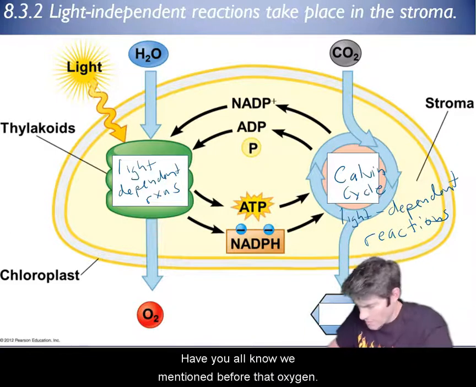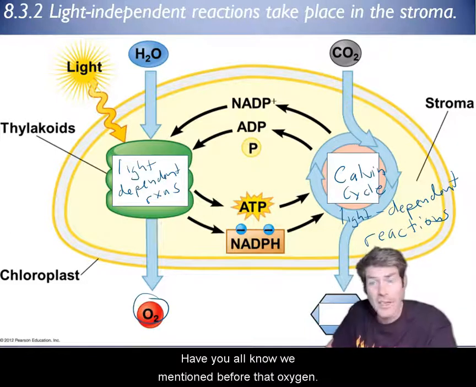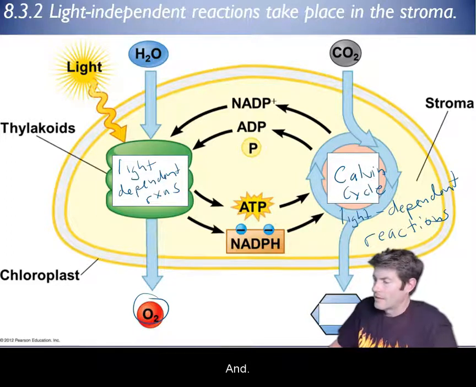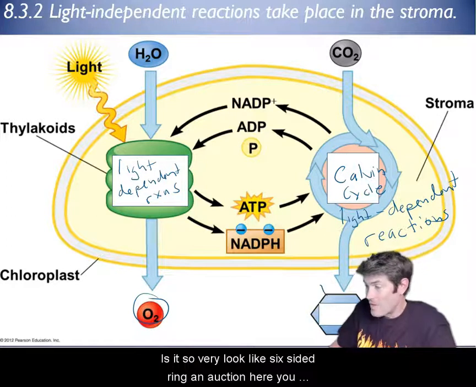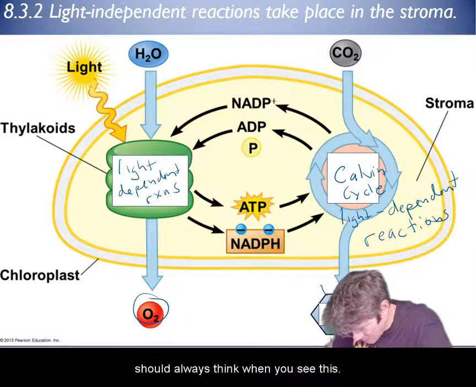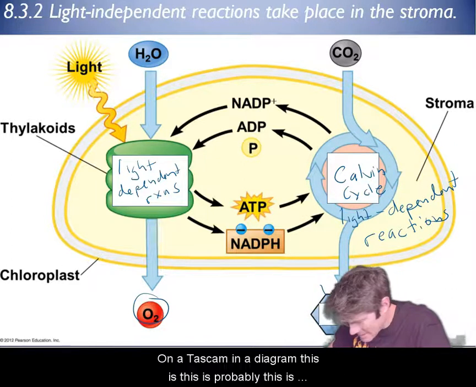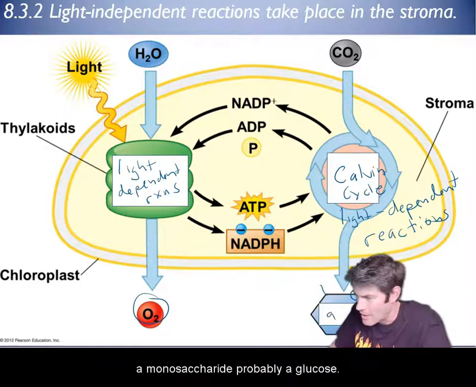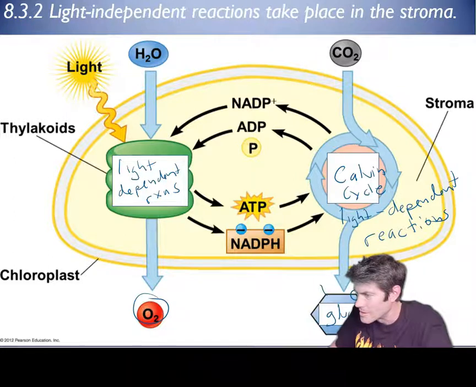And you all know, we mentioned before, that oxygen. And look at it, a six-sided ring with an oxygen here. You should always think when you see this on a test or in a diagram, this is a monosaccharide, probably a glucose.